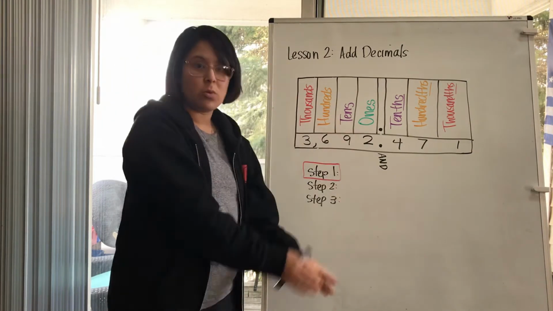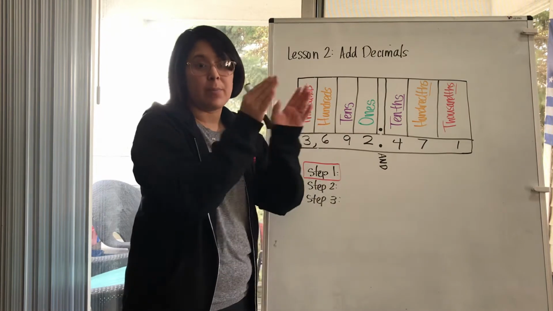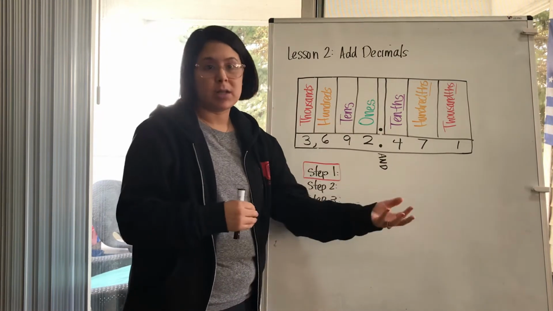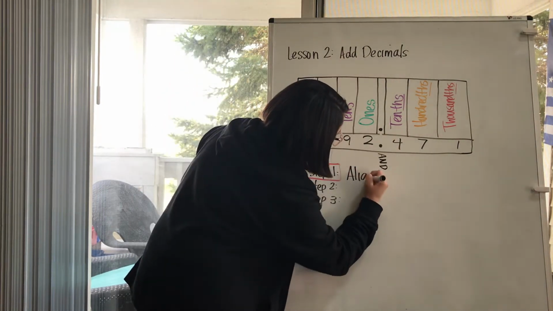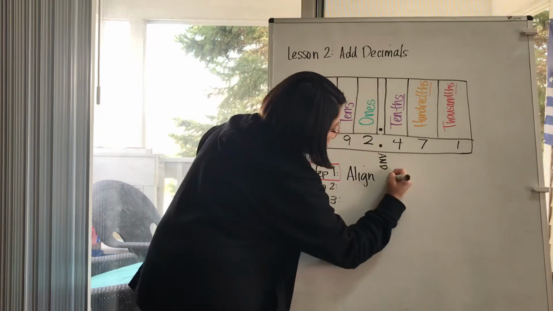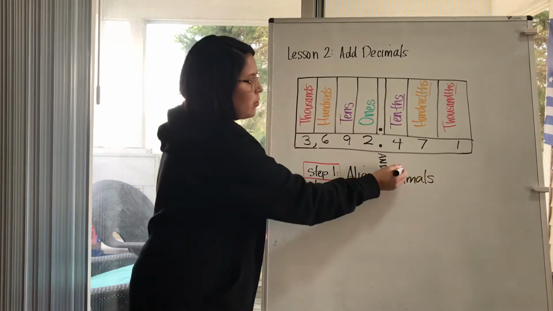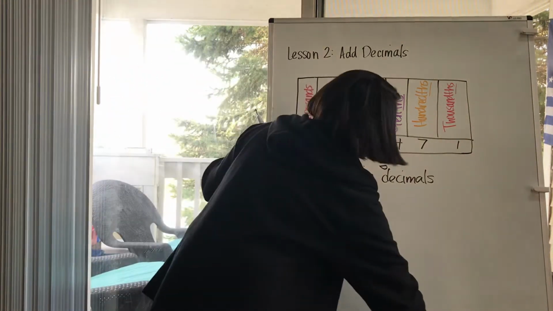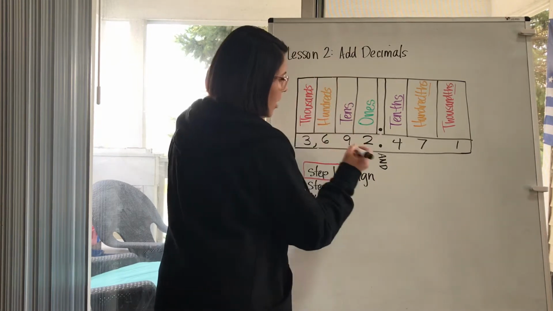Put the ones where the ones go, the tenths where the tenths go, and line them up. Because if you don't line them up correctly, your number is going to be wrong. So the first thing you need to do is align your numbers. Okay? The second one, sorry, not decimals. Align your digits. Sorry about that. Align your digits.